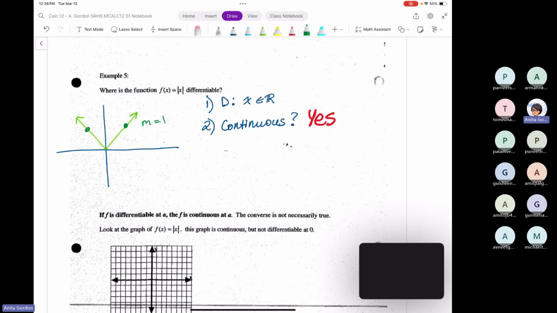What's the slope here? The slope is -1. Wait, no, where? At the 0 point?